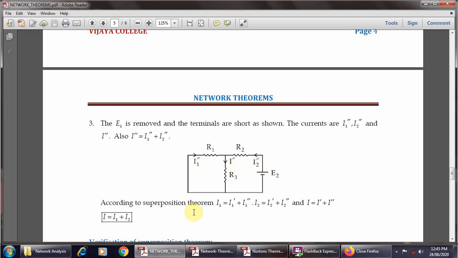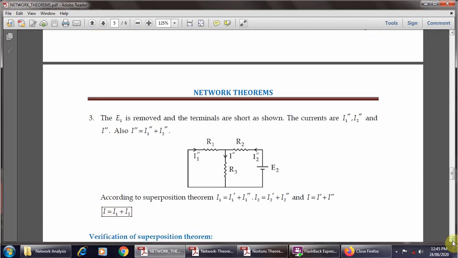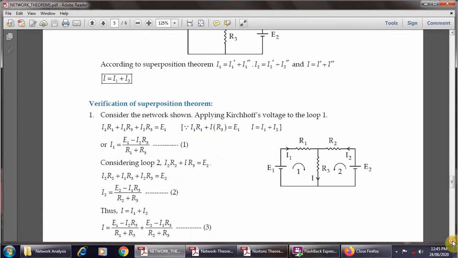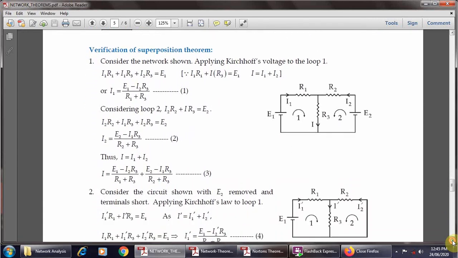According to the superposition theorem, the total current I1 is equal to I1 dash plus I1 double dash, the total current I2 is I2 dash plus I2 double dash, and the total current flowing through R3 is I, which is equal to I dash plus I double dash. Therefore I is equal to I1 plus I2. Then we move towards the verification of the superposition theorem.